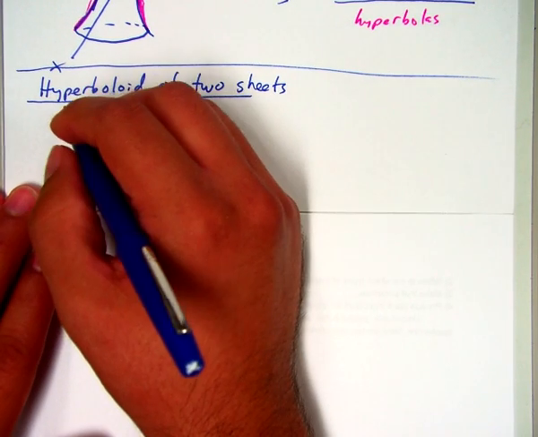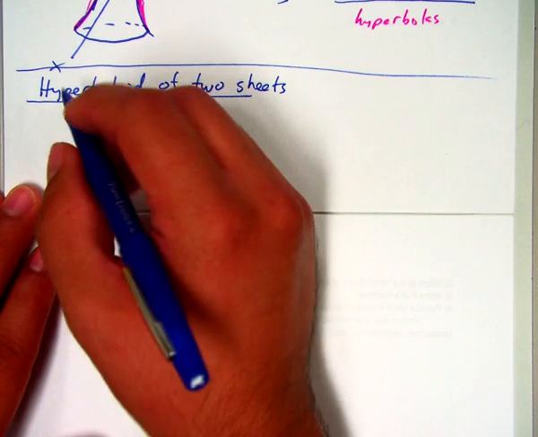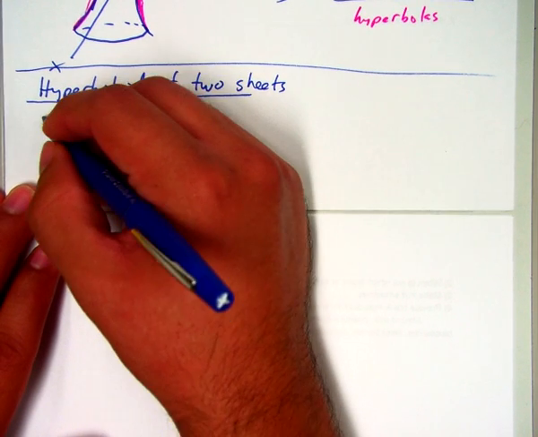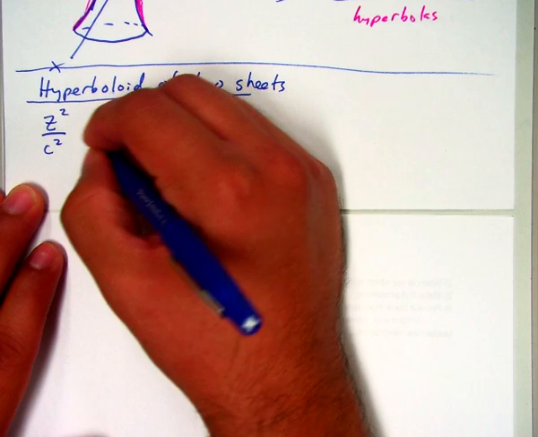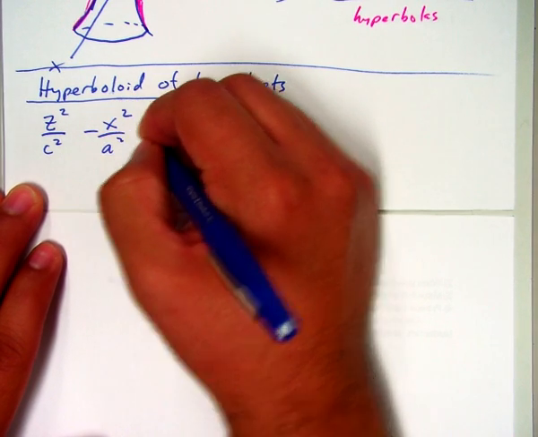The equation looks very similar to this one, except now instead of one negative term we have two. So let's say we have z squared over c squared, and then everything else is negative.